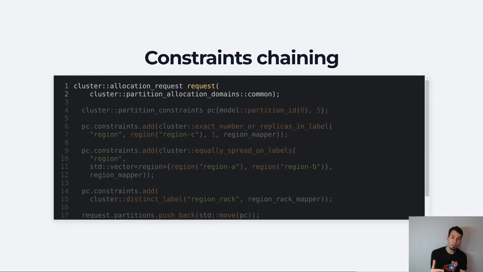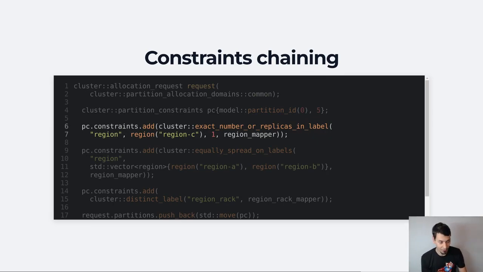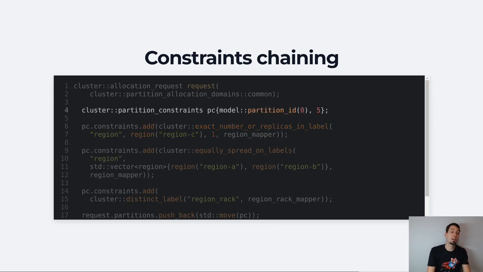Here's another example of constraint chaining. This is an example that I created to present the way we can deploy these five replicas of a diagram that I showed before that is able to sustain a region failure. Here you can see that we have only one replica in one region, and this is exactly expressed with this constraint, exact number of replicas in label.